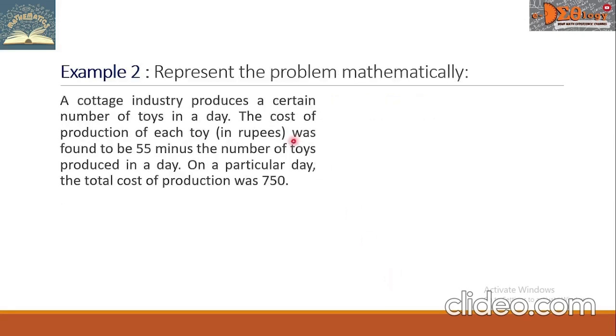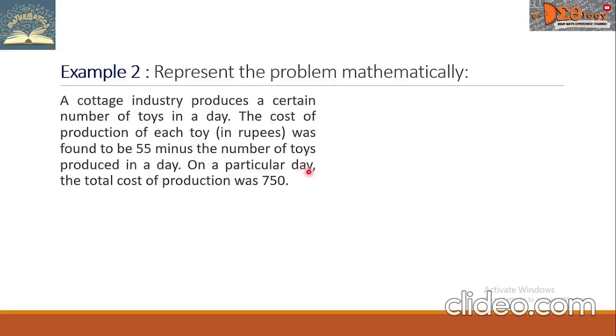Example 2. Represent the problem mathematically. A cottage industry produces a certain number of toys in a day. The cost of production of each toy in rupees was found to be 55 minus the number of toys produced in a day.